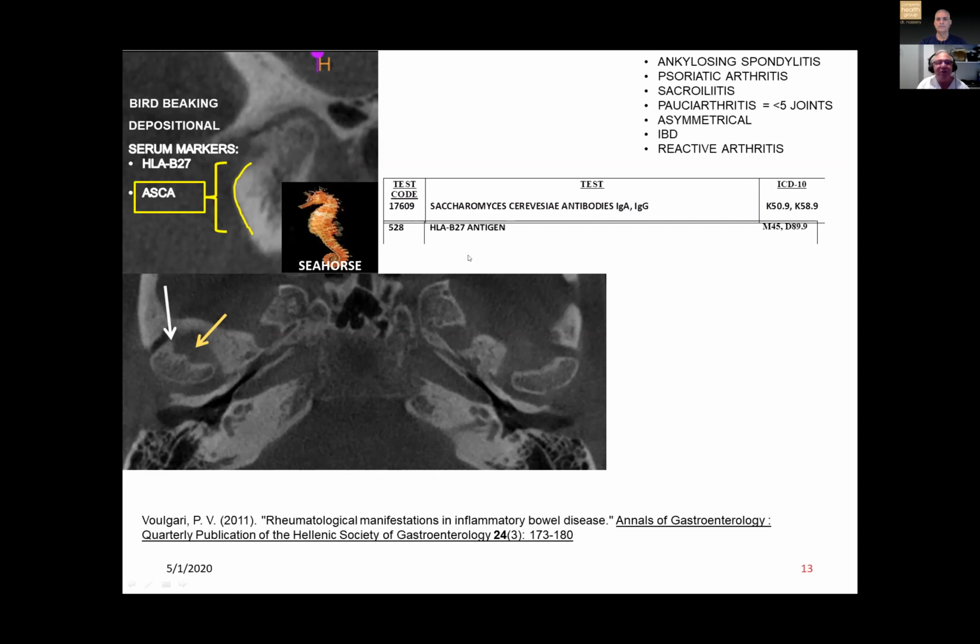So there's a difference. And when you're looking for Crohn's disease, the primary test in the blood, which of course should be confirmed with an endoscopy, is Saccharomyces cerevisiae antibodies. So that's how I pick this stuff up. Notice that what I'm looking at is an asymmetrical component. And that's a big thing because the spondyloarthropathy category has many different subtypes.